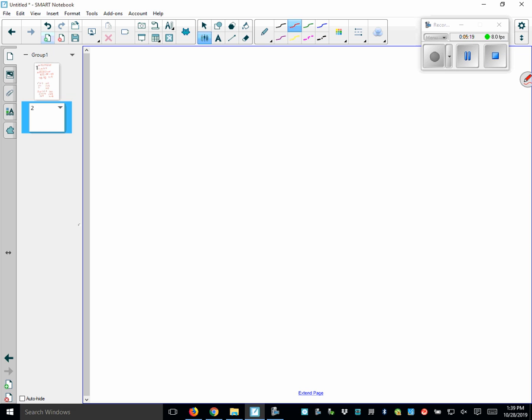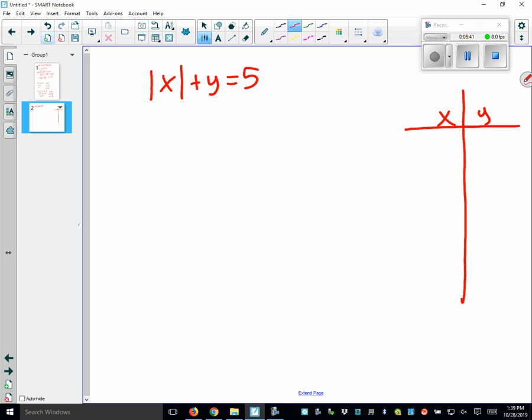Okay, now, what if I ask you to graph the equation by plotting points? Such as the absolute value of x plus y equals 5. And I'm going to give you the points: -2, -1, 0, 1, and 2. Okay?